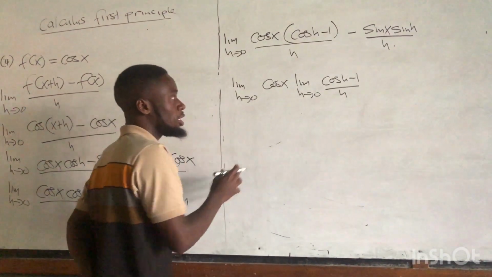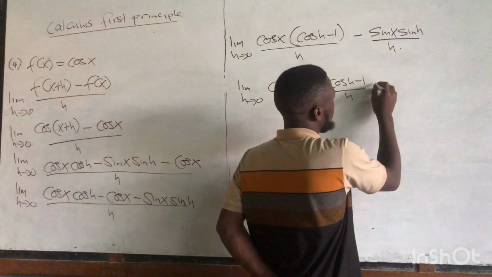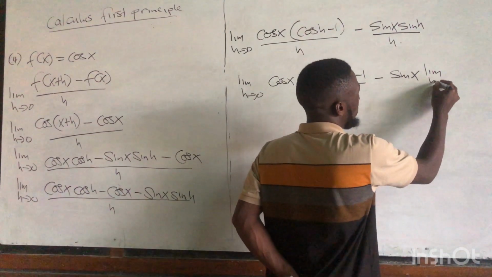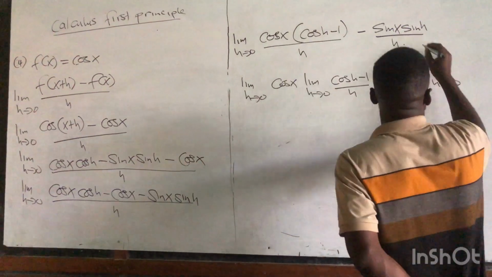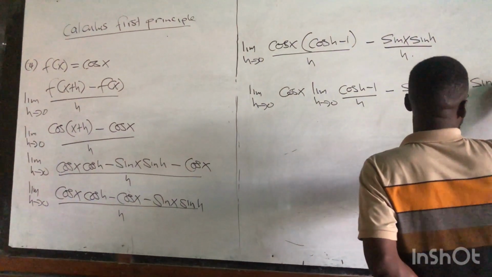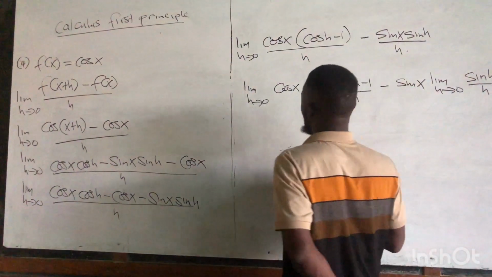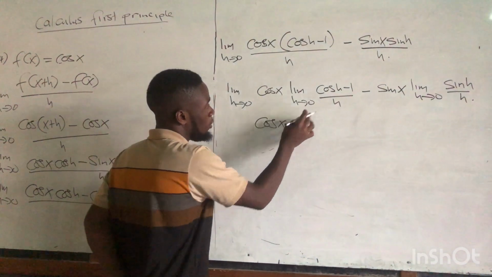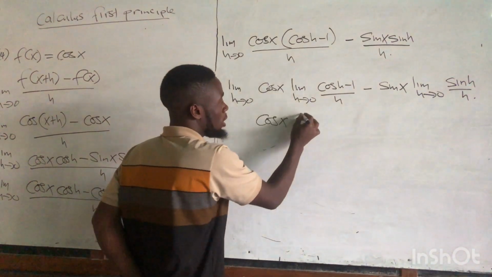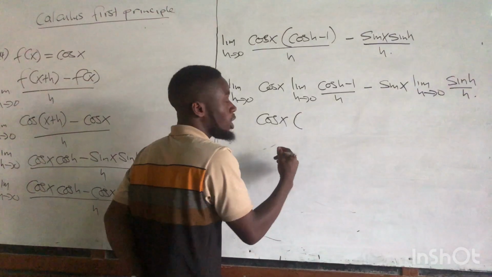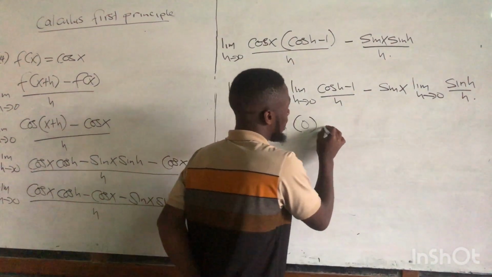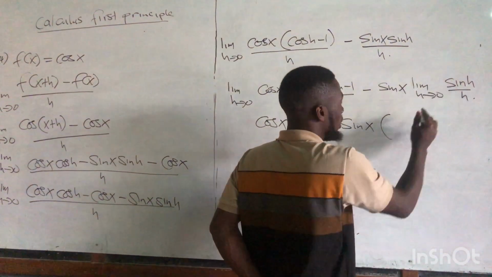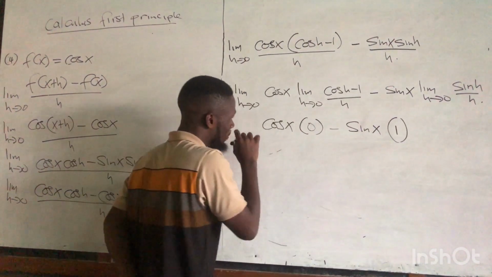We have not changed anything, we are separating to come up with the identities. So cos x times 0, minus sin x times 1.